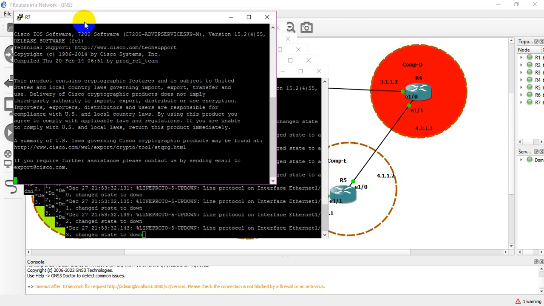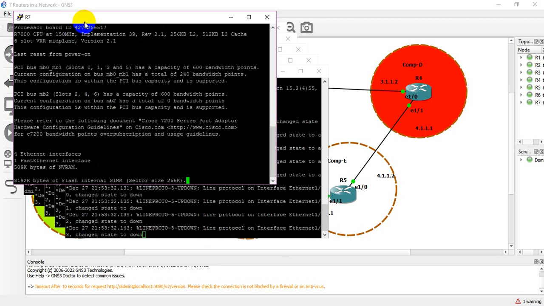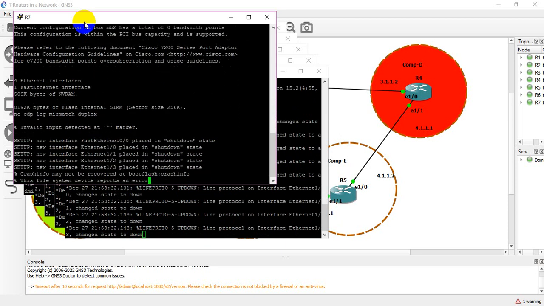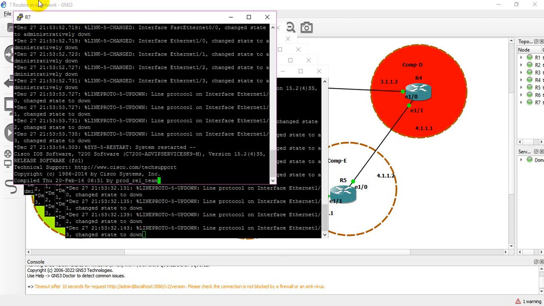So they are started. Now let's start configuration.